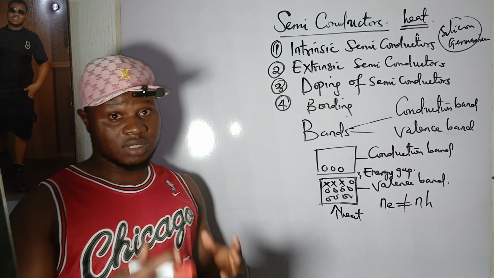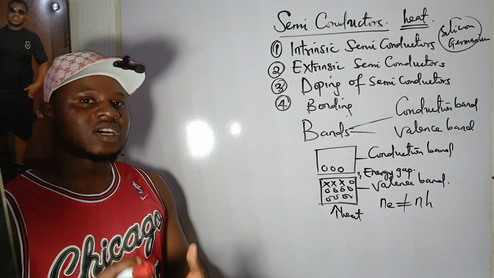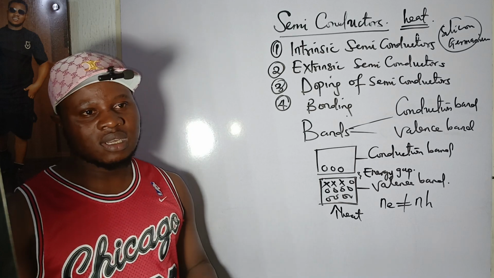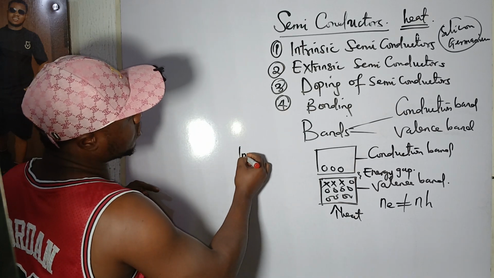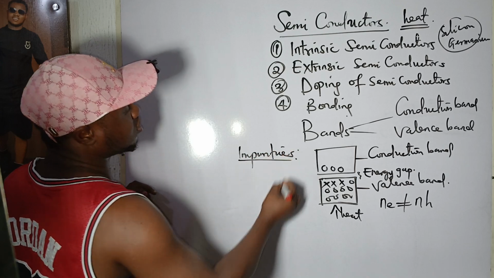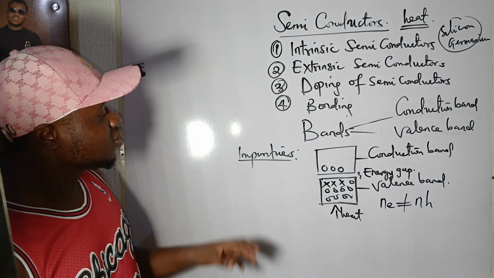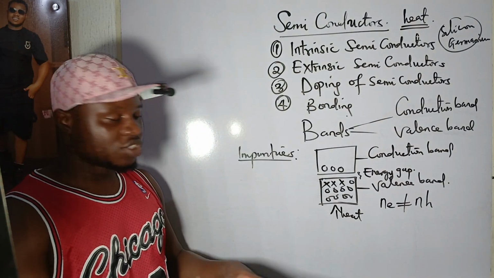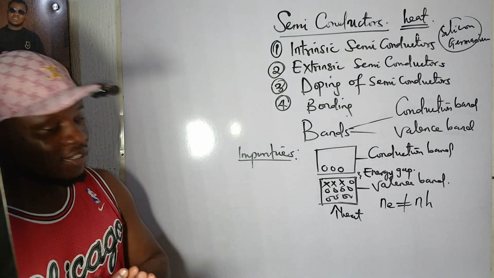But the question is, something must have caused that to happen. You understand? Something must have been done to the semiconductor for us to achieve that. And that thing is that we are able to add what we call impurities. So these semiconductors are added impurities. These impurities can make the number of electrons in the conduction band not equal to the number of holes in the valence band.